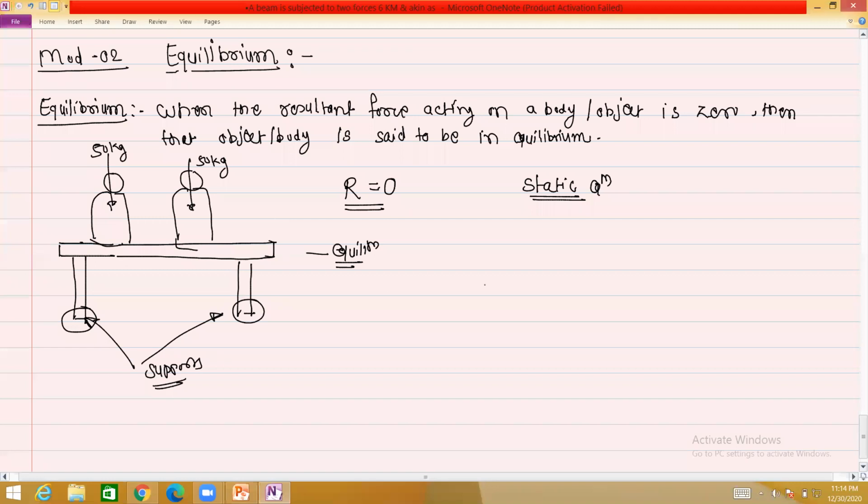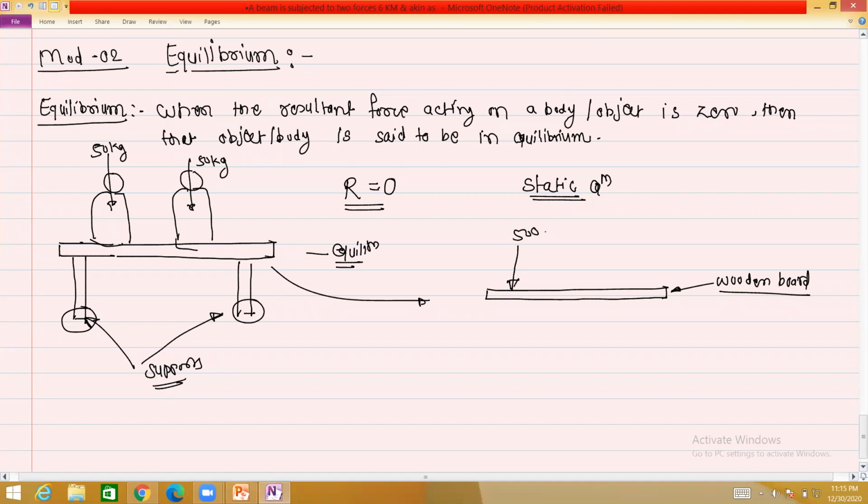Right now, on this bench, which is basically a wooden plank or wooden board, this is the first force, 50 kg. We can approximate this to be 500 Newton. The second force is also 50 kg, so this is again 500 Newton.